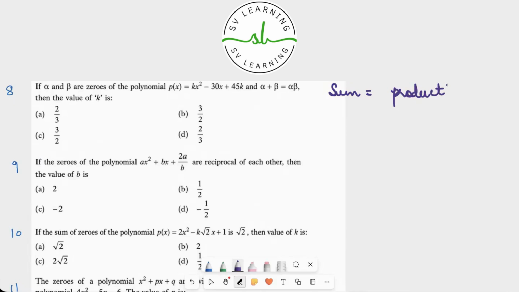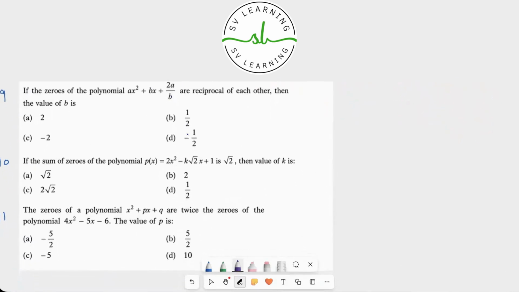Alpha plus beta is minus b by a, so 30 by k is equal to alpha beta, which is c by a, so 45k by k, basically 45 only. So we can say that k is equal to 30 by 45, which is 15 times 2 and 15 times 3, so 2 by 3.